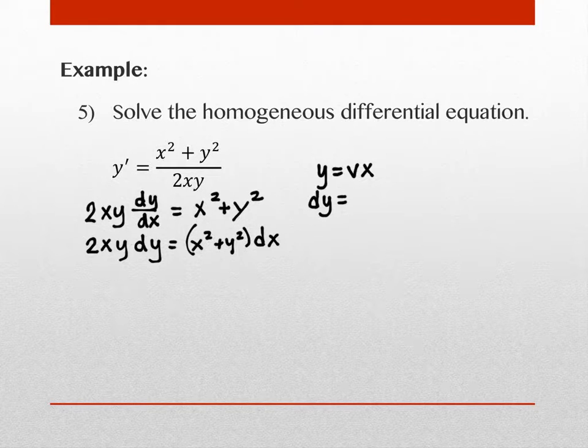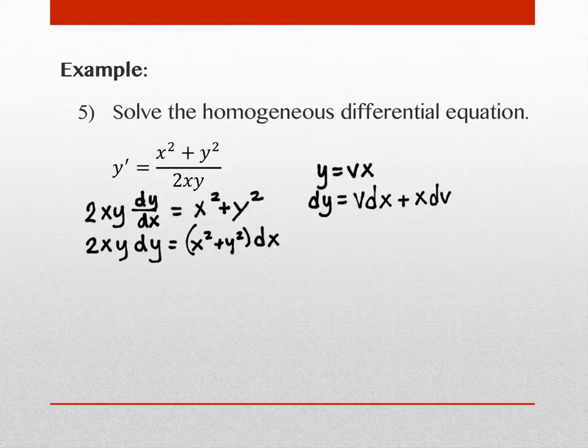V times x is a product. V is like sine of x. If you had sine of x times x and you tried to take a derivative, you'd have to do a product rule. Or it's the square root of x squared plus 3 or something. It's a variable, not a constant. Everything we've done in the last section, we had k's and c's that were all constants, and we could just ignore them. This is not a constant. It's a function, so we have a product rule. So this is v dx plus x dv. That's right.